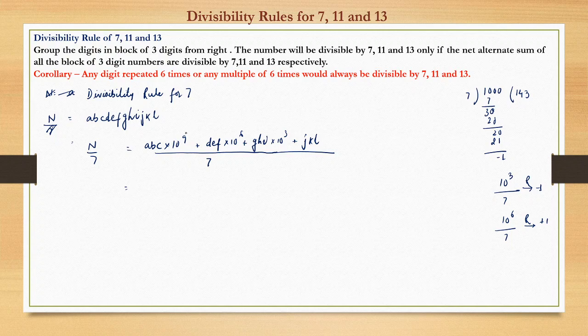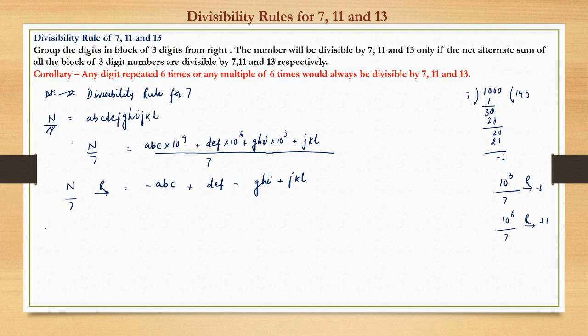So here the remainder would be minus ABC plus DEF minus GHI plus JKN. So n by 7, the remainder would be this. If this is divisible by 7, then the number n would be divisible by 7.